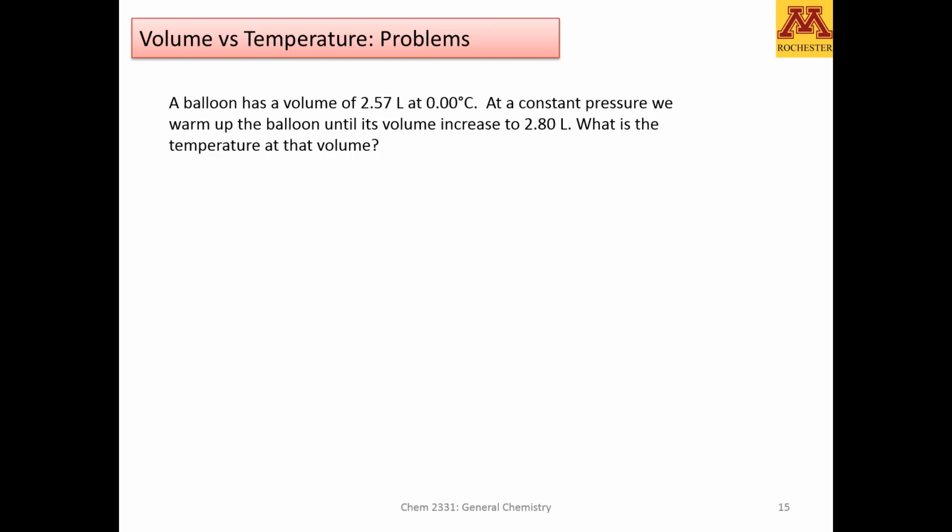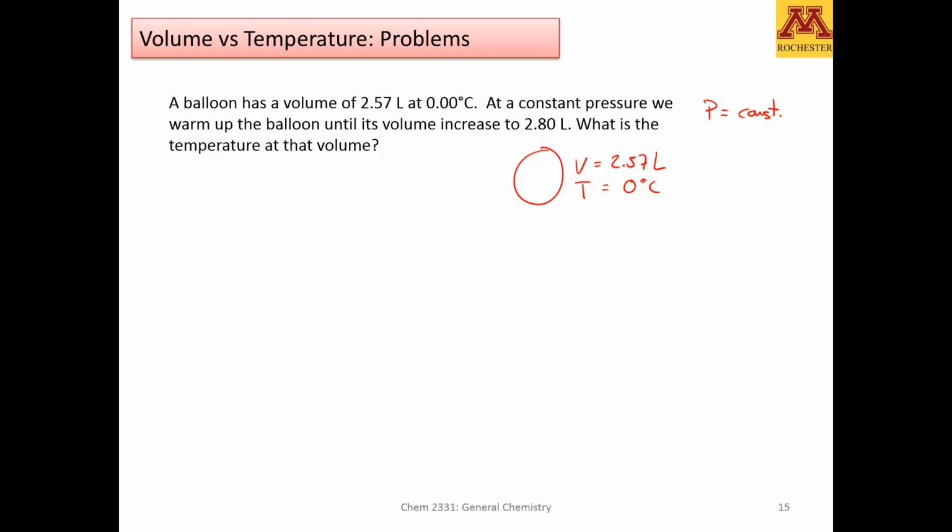In this case, it's suggesting a situation in which there is a balloon, and the balloon has a volume of 2.57 liters, and the temperature is 0 Celsius, at a constant pressure, and that's important to keep in mind. Charles's law is only true when you keep the pressure constant.